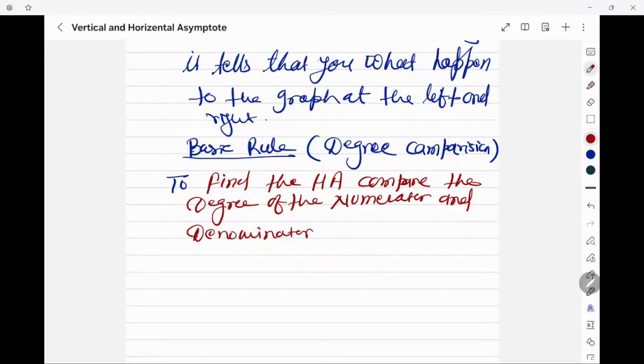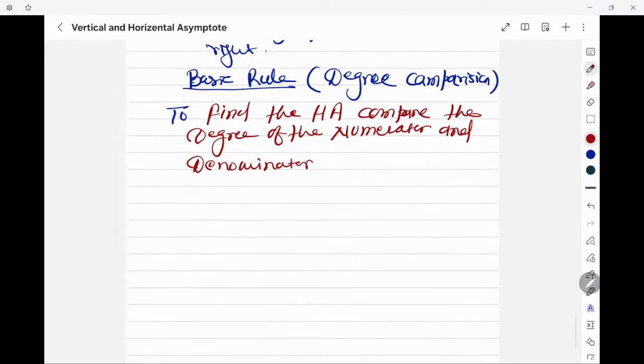Here the rule is written on one side, the condition, and on the right the horizontal asymptote.